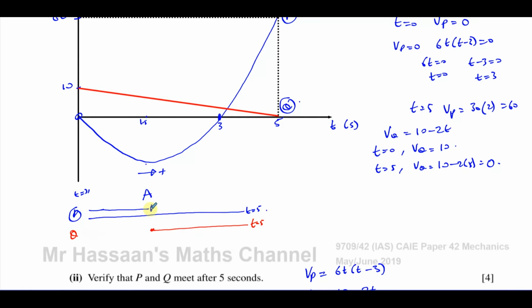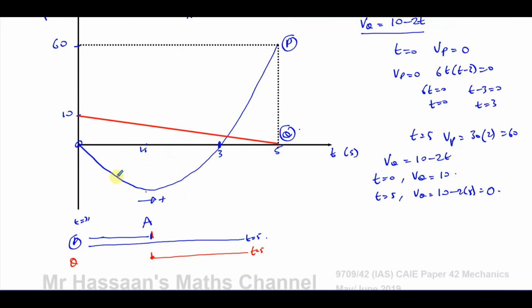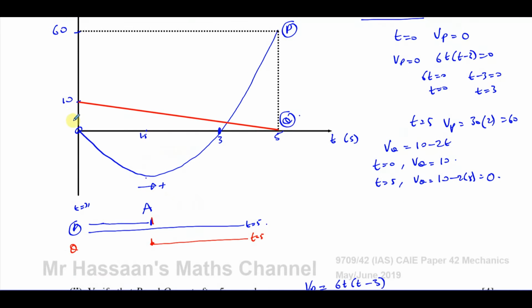So basically at the end of 5 seconds, they will be the same distance away from A. We're not considering the distance that P has traveled; we're considering its displacement, and the same for the displacement of Q. For Q, the displacement and the distance are the same. It will be the area under this triangle.